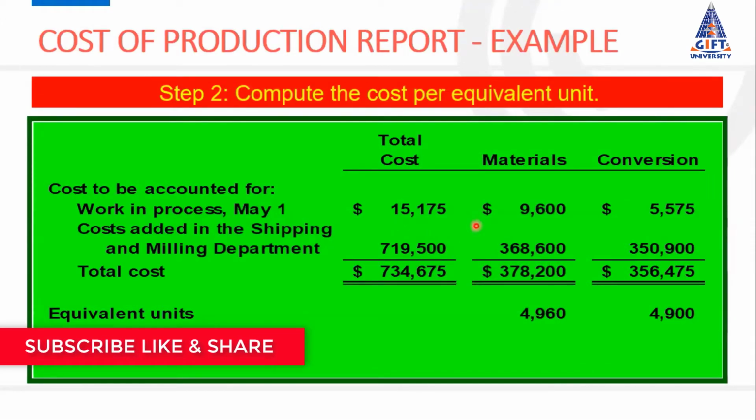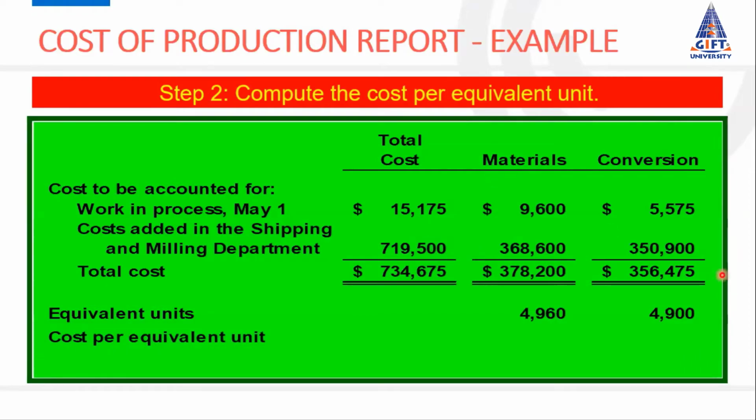So previous cost plus current cost is the total cost, and the equivalent units are those we calculated in our previous table, for material and for conversion. Don't total them and write a total here. Do not do this. I haven't mentioned a total figure over here.